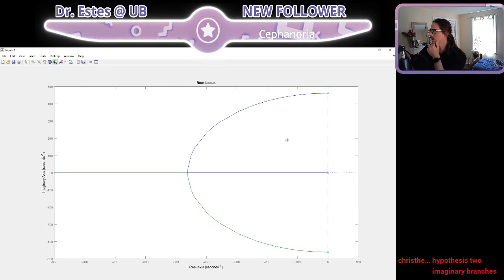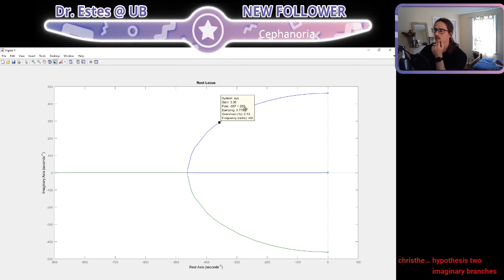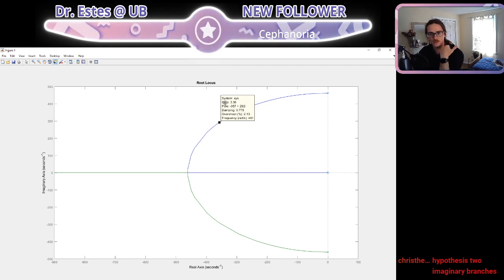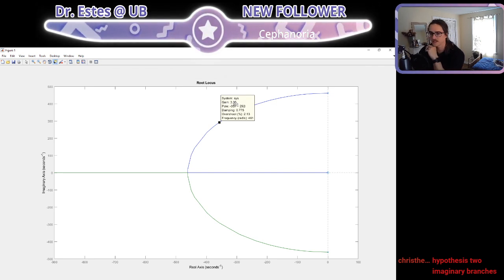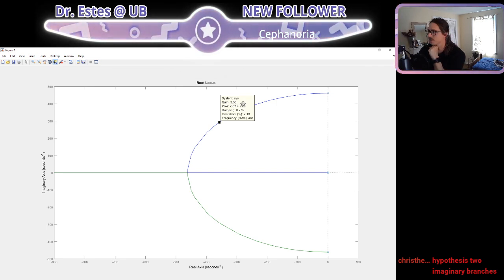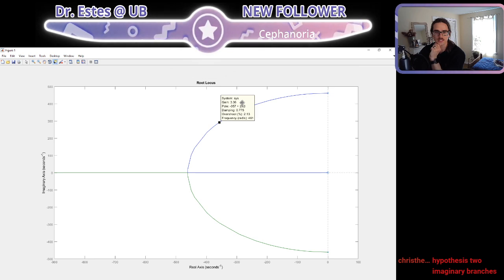Now, when I click on a point on here, it's going to give me a value, the gain. Because we built this polynomial to be with respect to the resistance, this gain is the resistance value. So this is saying, if I want this complex conjugate pole, which would make my system have some oscillations, it would be underdamped, I would need a resistance of 3.36.